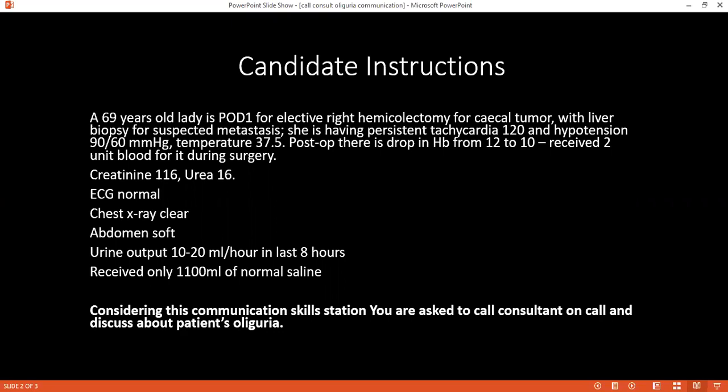Do you want to involve anyone else in the patient's care? Do you want to transfer this patient anywhere? Yes, if the patient is not responsive to fluid resuscitation, I will consider transferring her to the HDU for inserting a central venous pressure line, and if there is no response to fluid, I will consider blood transfusion.